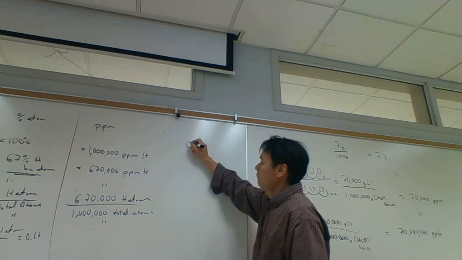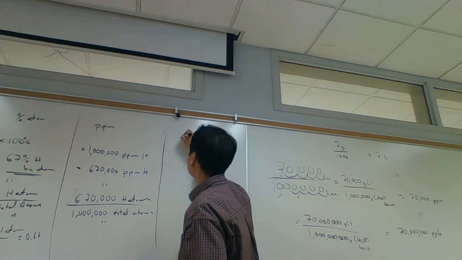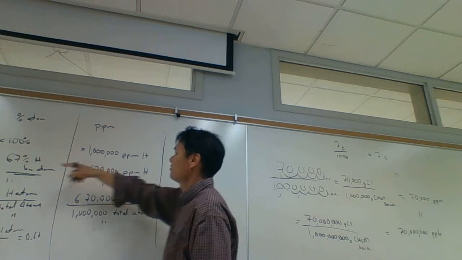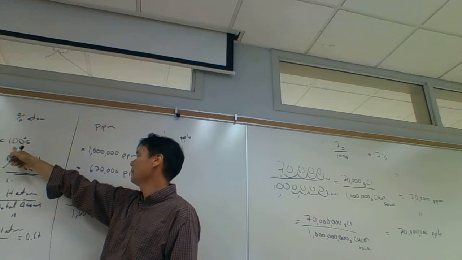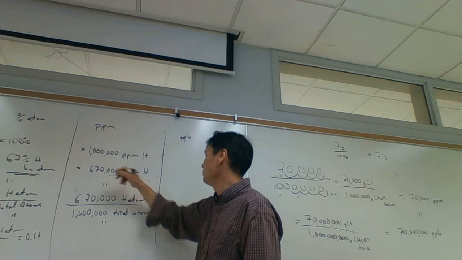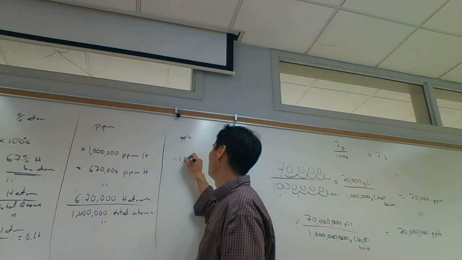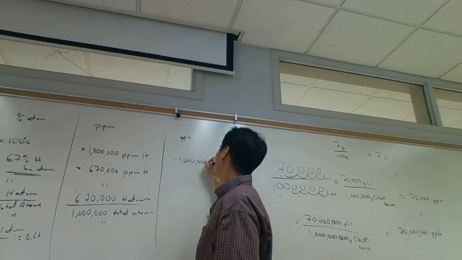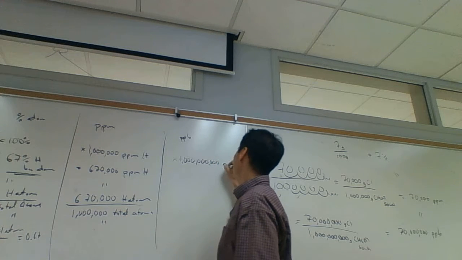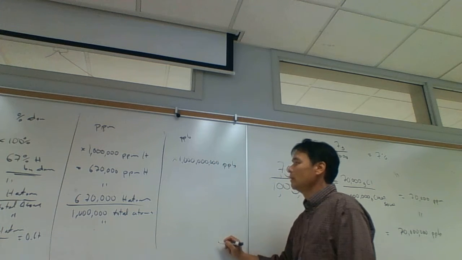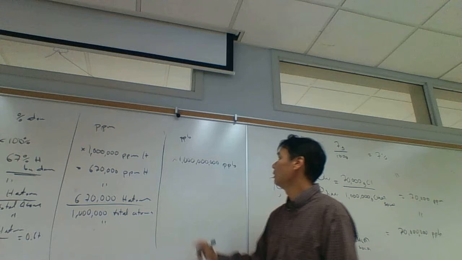Okay, and then to go to parts per billion, if we take our fraction, rather than multiplying by 100%, rather than multiplying by a million ppm, we're going to multiply by a billion ppb. And that'll convert it into parts per billion.